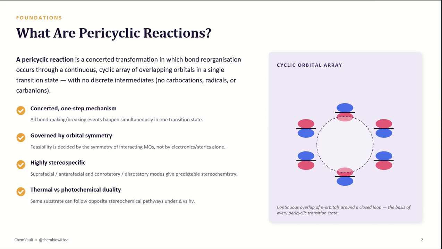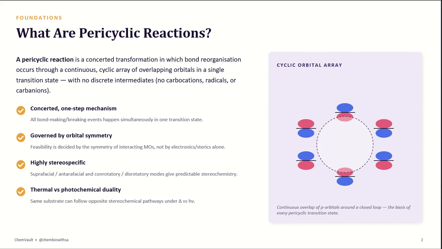Because of this concerted nature, pericyclic reactions are highly stereospecific, and this is the key idea for the entire topic. The feasibility is decided purely by orbital symmetry, not by the usual electronic or steric arguments you use in ionic or radical mechanisms.